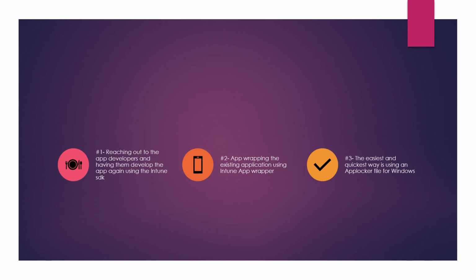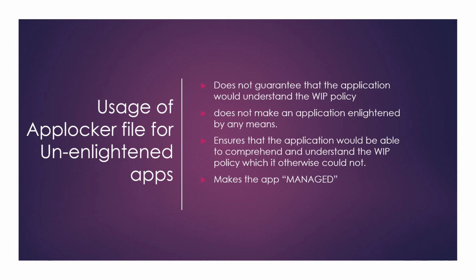The third method, using app locker, talks about how we can make an unenlightened application a managed application. App locker, please keep in mind, does not make an unenlightened application enlightened. App locker helps us make an unenlightened application managed. So let's talk about app locker a little more.